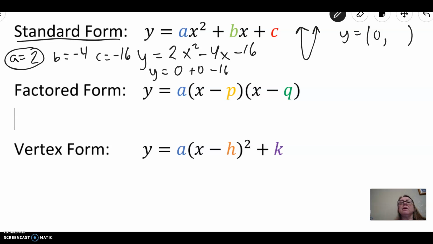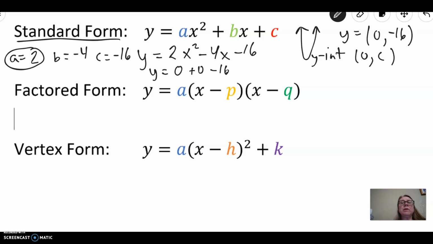You don't have to write this out each time, just recognize that we've got 0, -16. So the c value is always going to be the y-intercept. The y-intercept will always be in this format, (0, c).